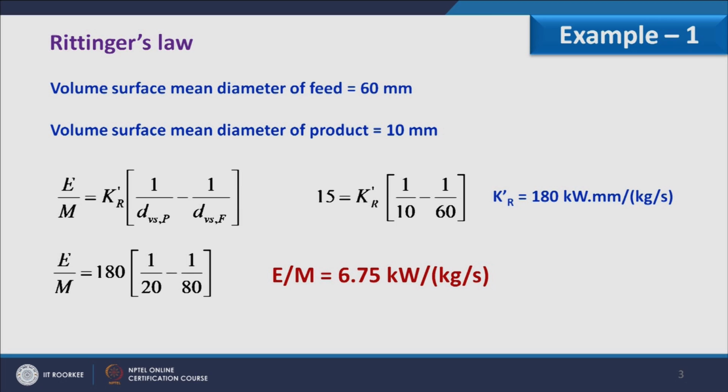So, here you see we have solved a very simple example in which a feed size is given, product size is given, and we have computed the energy consumption using Kick's law as well as Rittinger's law. Here Rittinger's law we have used slightly differently. Instead of surface area, we have used volume surface mean diameter of feed and product. So, this is a simple example of how to calculate the energy consumption using Kick's as well as Rittinger's law.